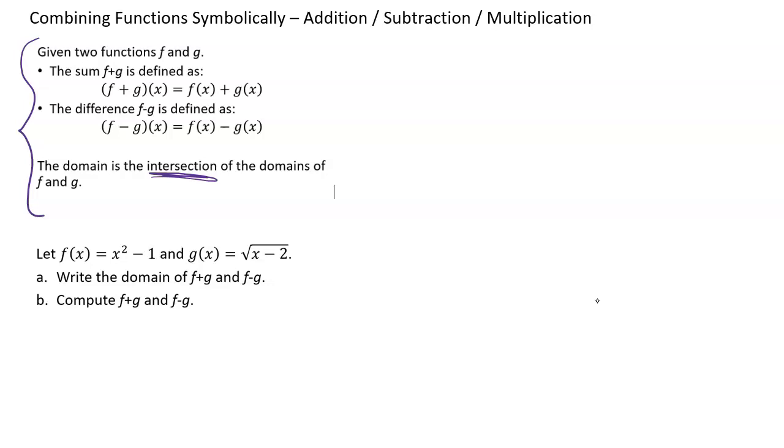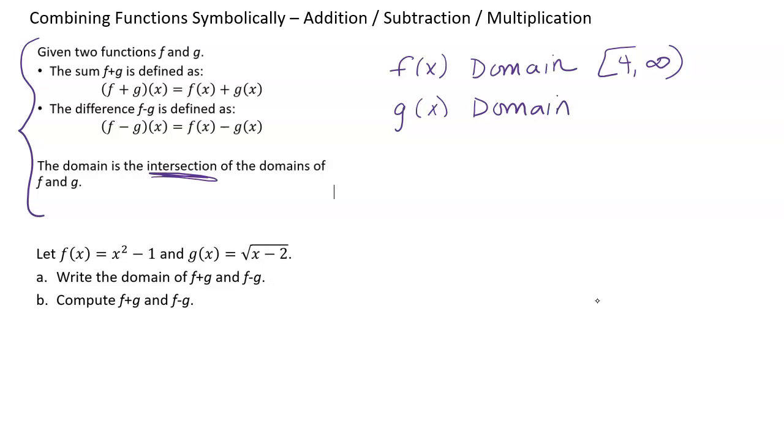So if I have a function, let's say f of x, that has a domain of bracket 4 to infinity, and then another function, g of x, that has a domain of negative infinity to 5 parenthesis, if I add, subtract, or multiply those two functions, I have to take the intersection of the two domains.